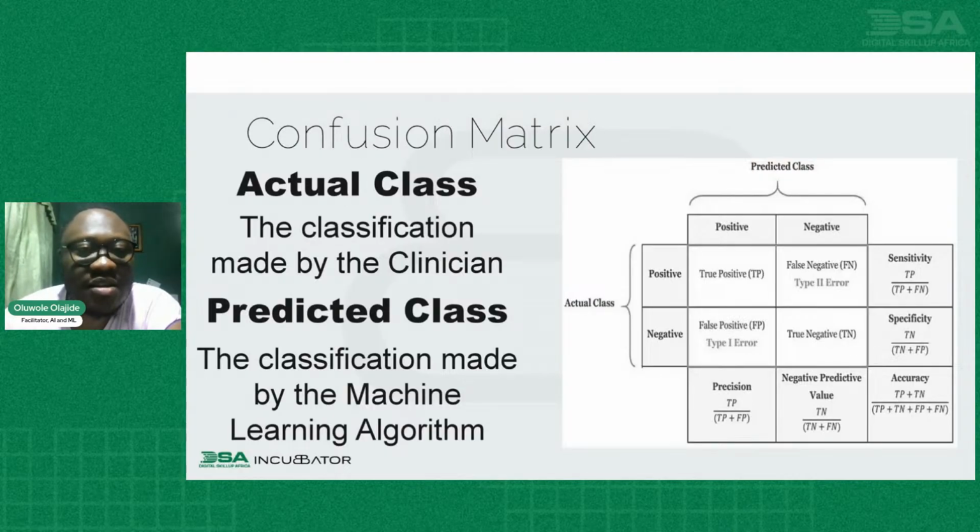That's fantastic. So we spoke about the confusion matrix when we talk about your actual class, that is the classification by the clinician, and the predicted class, which is the classification made by your own machine learning algorithm, or what you call your machine learning model or your AI model. For multi-class classification, you can use your regression, your logistic regression, and all of them.